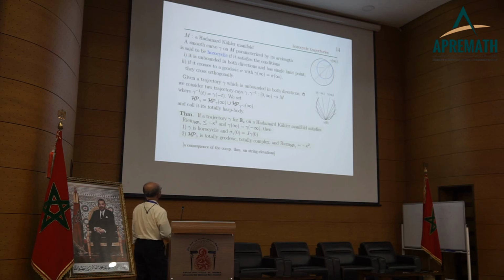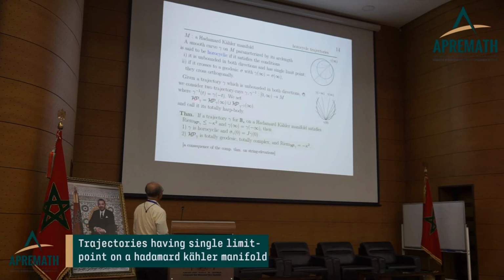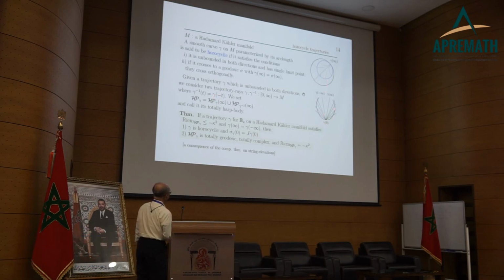If it crosses a geodesic sigma, the dotted line, having the same limit point, they cross orthogonally. If this condition is satisfied, we call this gamma horocyclic. Also, the half body is only for trajectory rays, and we also have inverse trajectory rays. So we call the union the total half body.